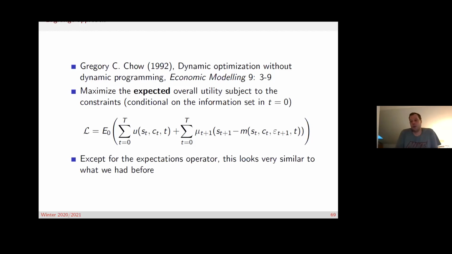Then obviously you could think about an idea saying, okay, I sit down now and write down every consumption value that I want to choose optimally from now on until the end of my planning horizon. Okay, this is one way of going ahead.